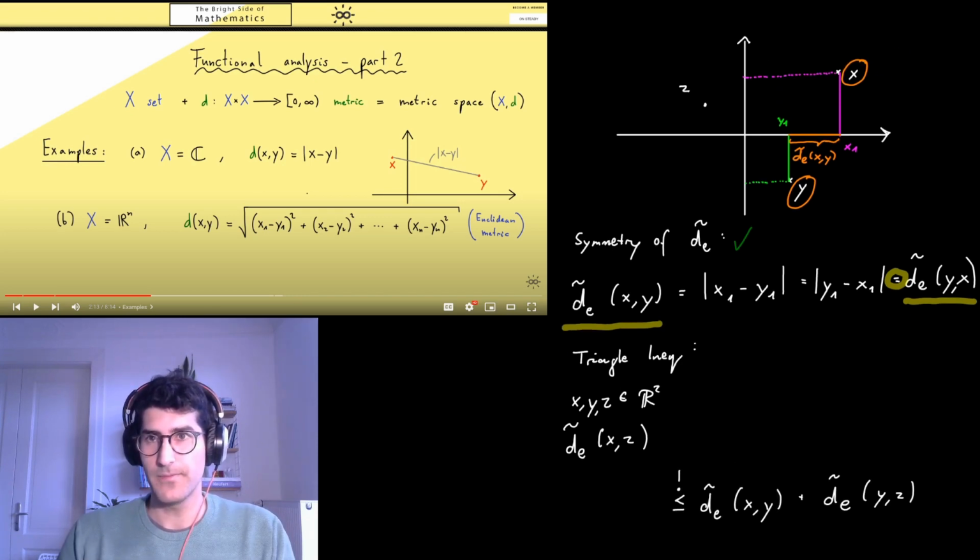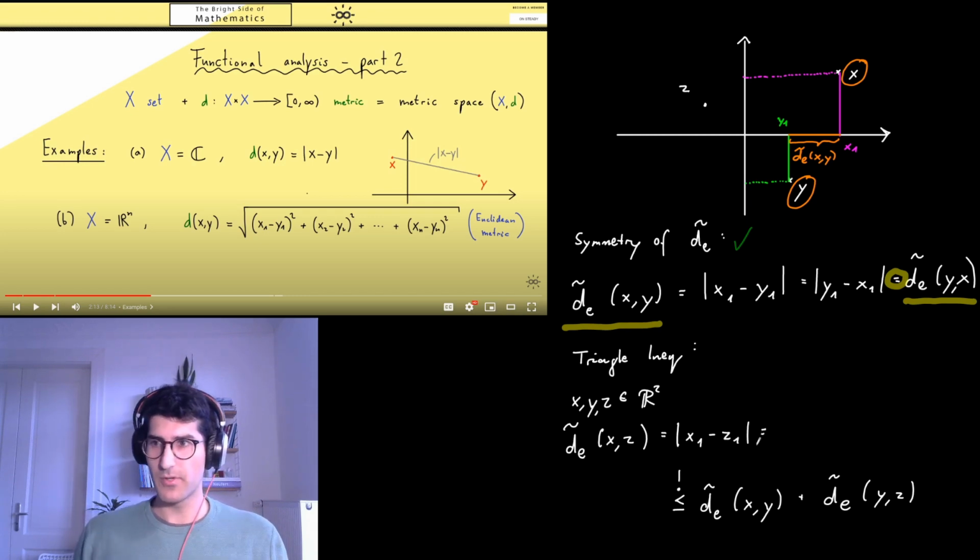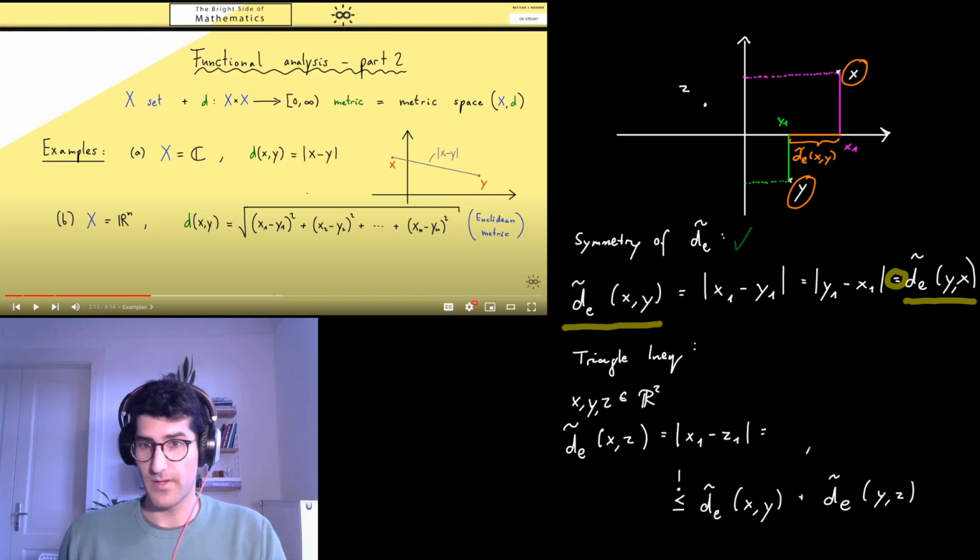So by definition, dE tilde of x and z is nothing else than the difference of the first components. So absolute value of x1 minus z1. Now we do a popular trick in this type of proofs.